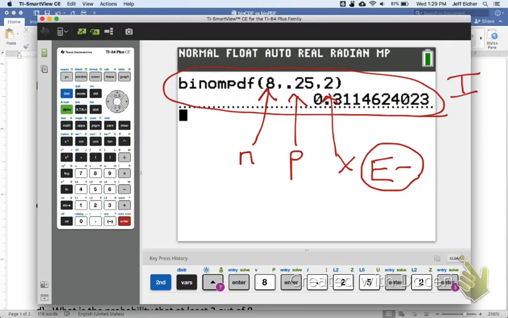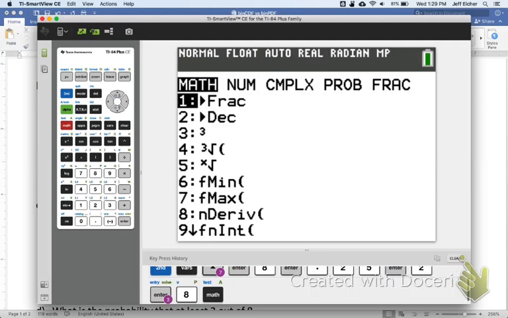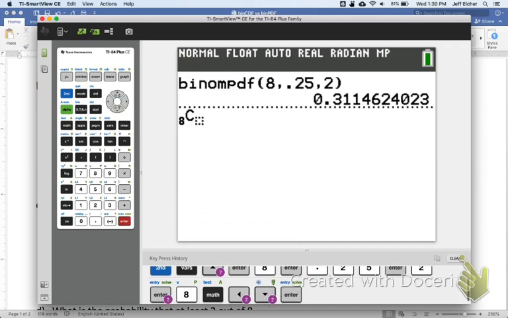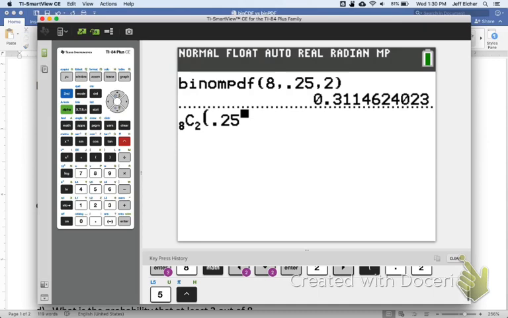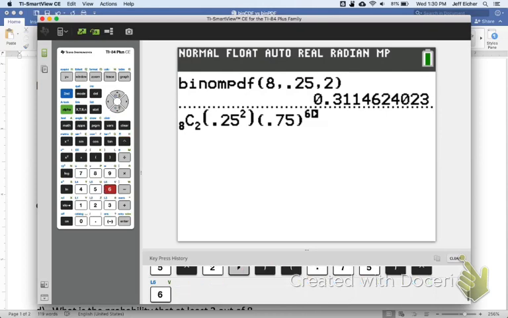Now you would get the same answer if you did the longer way: under the math button, 8 choose 2, and then 0.25 raised to the 2, and then 0.75 raised to the 6.